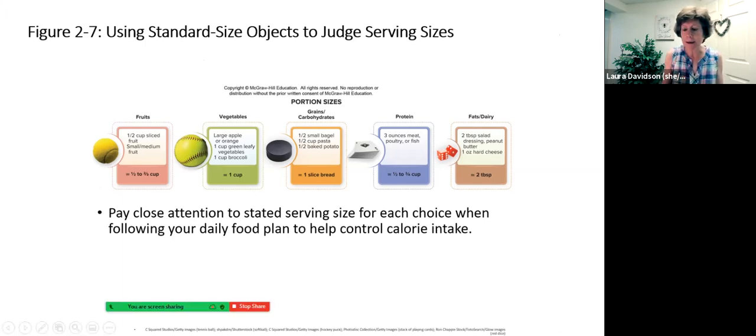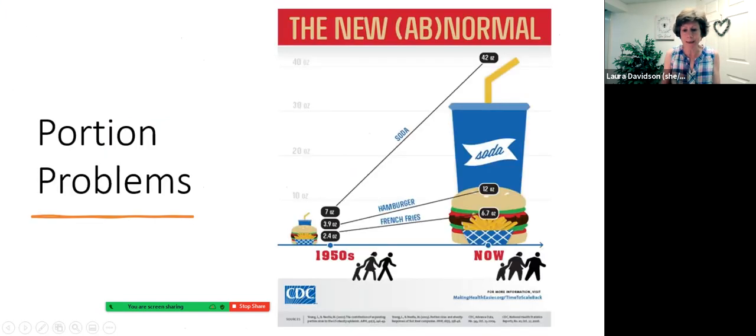Notice things like 2 tablespoons of salad dressing or peanut butter is about the size of these 2 dice here. Notice that a deck of cards is about the size of 3 ounces of meat, poultry, or fish. So this helps us then visualize what a standard or more appropriate portion might be.